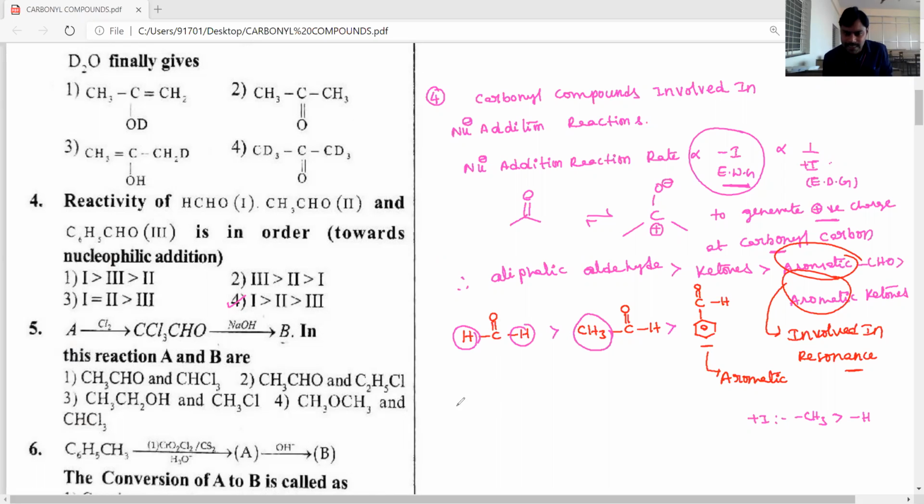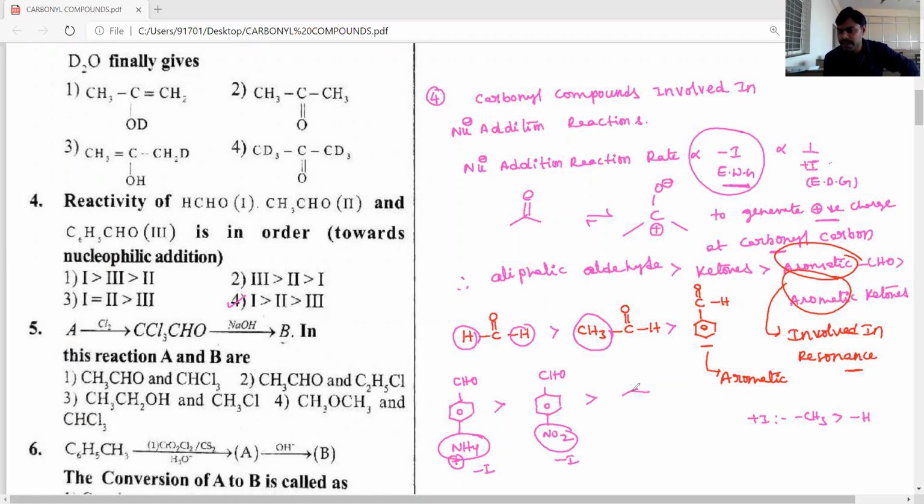That kind of question also we have to observe. For example, I gave one important example. We have the aromatic aldehyde benzaldehyde with one substituent, NH4 plus. This NH4 plus is a strong electron withdrawing group, minus I group. That's why it is more reactive towards nucleophilic addition reactions when compared to the one with an NO2 group. NO2 is also a minus I group, but NH4 plus is a stronger electron withdrawing group when compared to NO2.